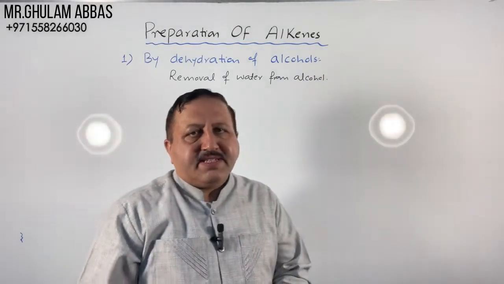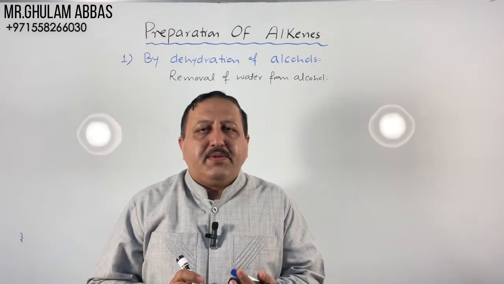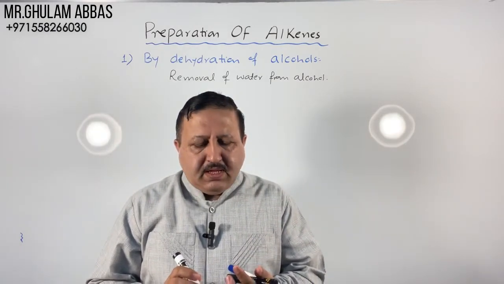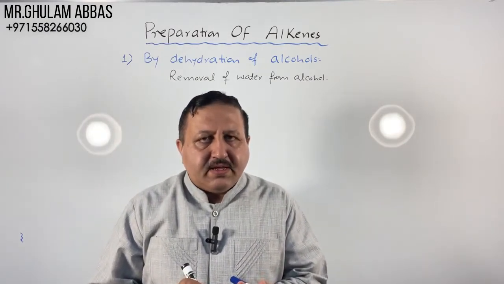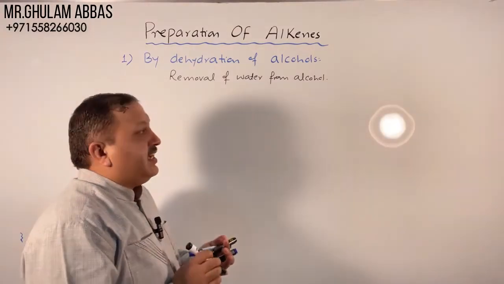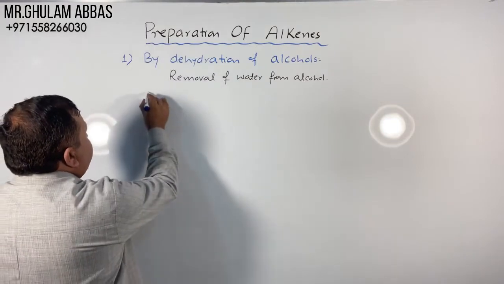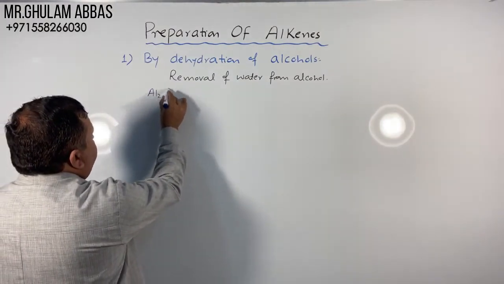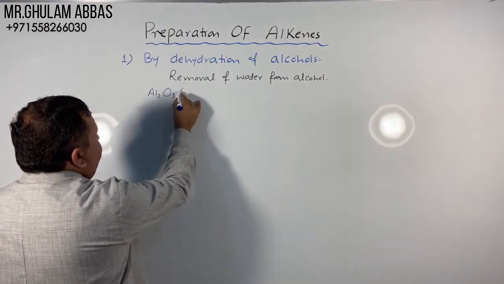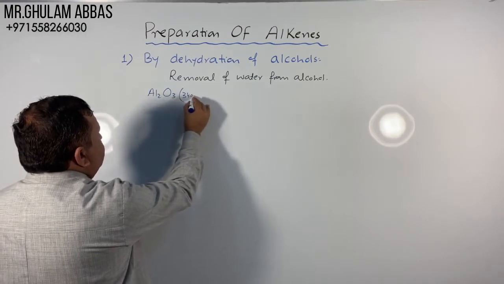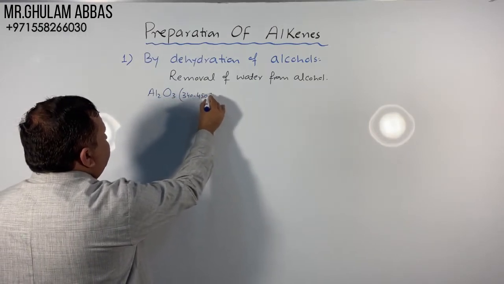Now the question is, how can water be removed? In order to remove the water, we can use these reagents. The first reagent is Al2O3, but at 340 to 450 degrees Celsius.